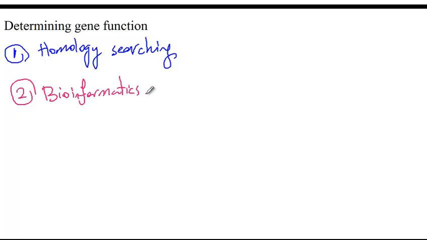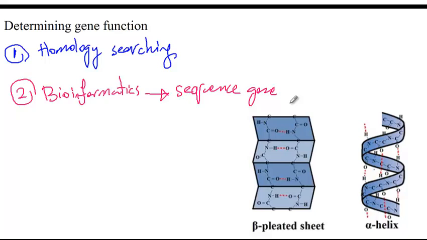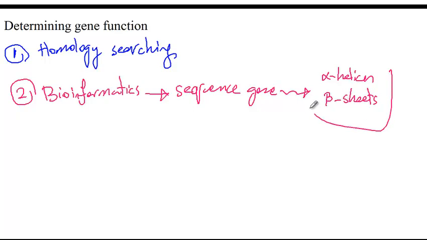Basically, it uses the sequence of the gene in order to predict the positions of alpha helices and beta sheets in the encoded protein. It is trying to find out where the alpha helices and beta sheets of the translated protein are located, and this way it gives us some idea about the possible function of the protein encoded by this gene.